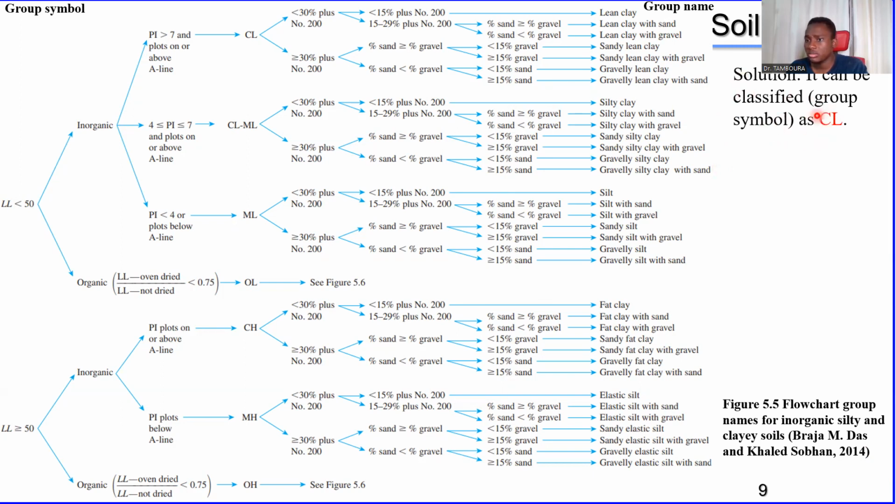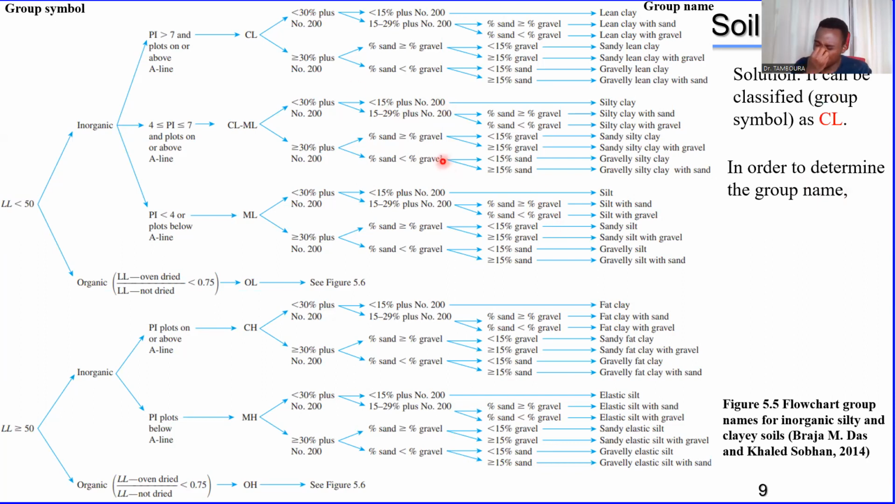Just keep in mind that our soil's group symbol is CL, clay with low plasticity. If we want now to know the group name using this chart, we have to follow these arrows.